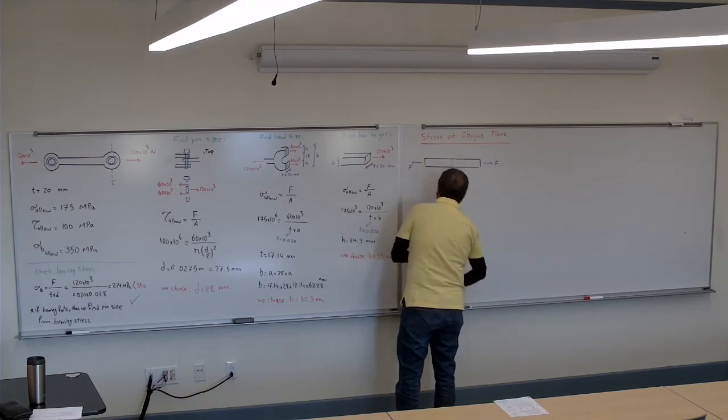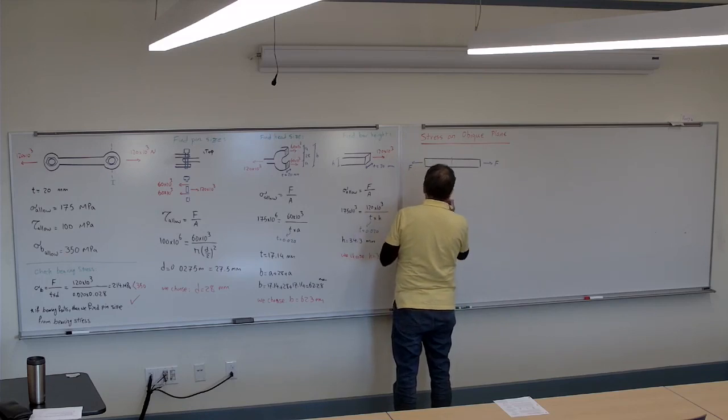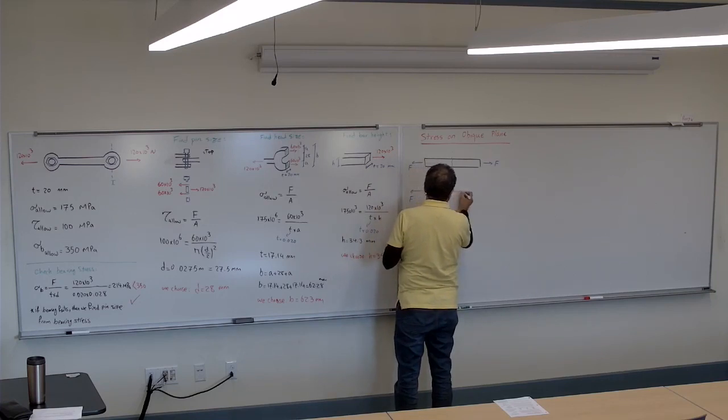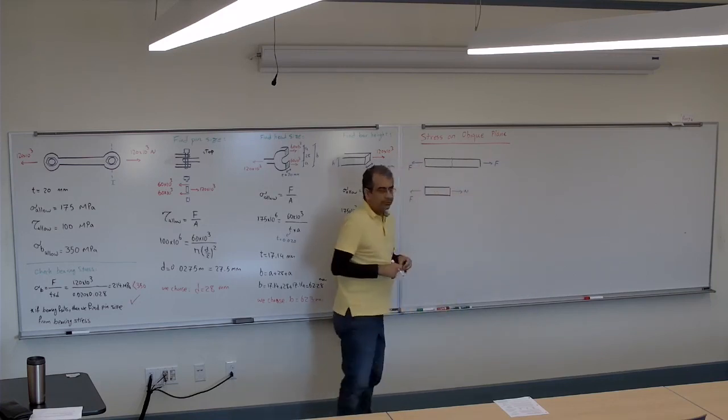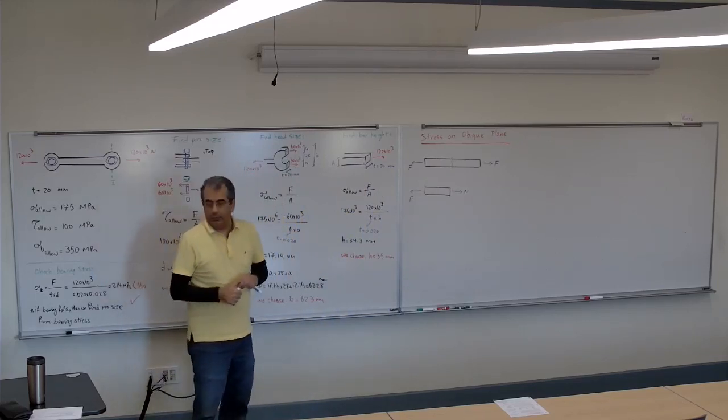What I'm going to get is like this. I have the force here, and I have the internal force normal to that surface, equal to that at that point.